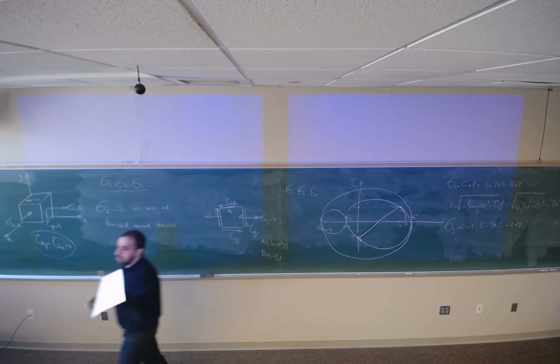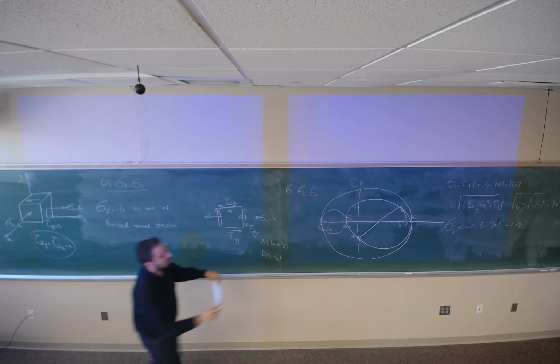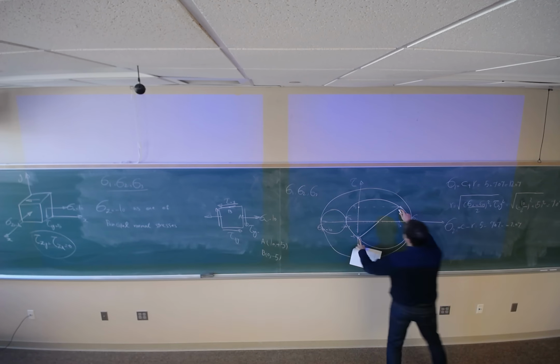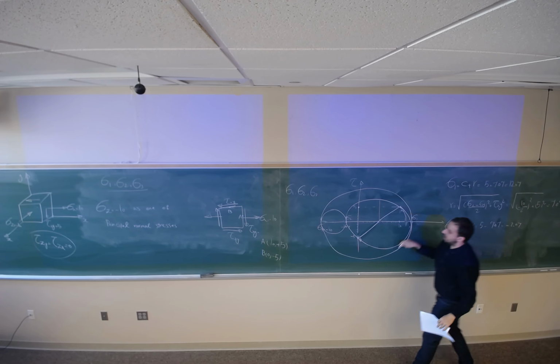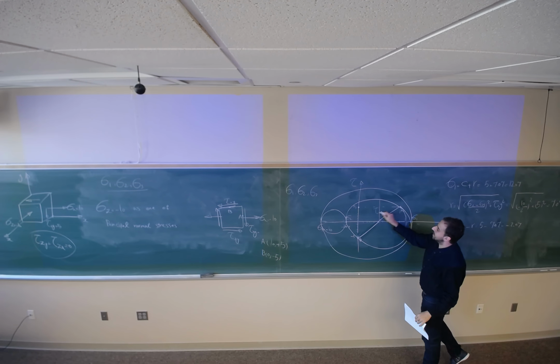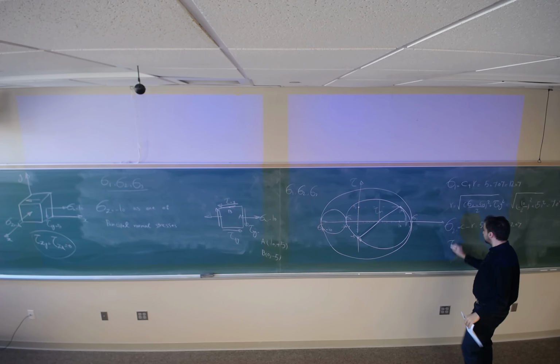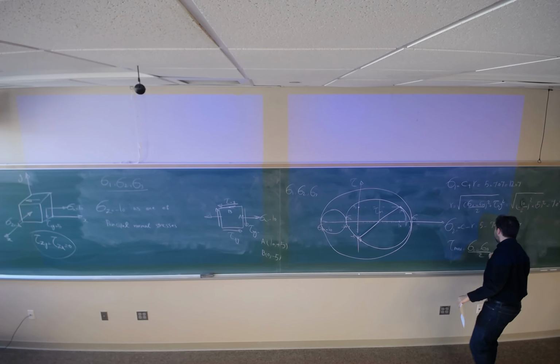And maximum shear stress. Some of you just took the radius of this middle circle as tau max. But tau max is always sigma 1 minus sigma 3 divided by 2.